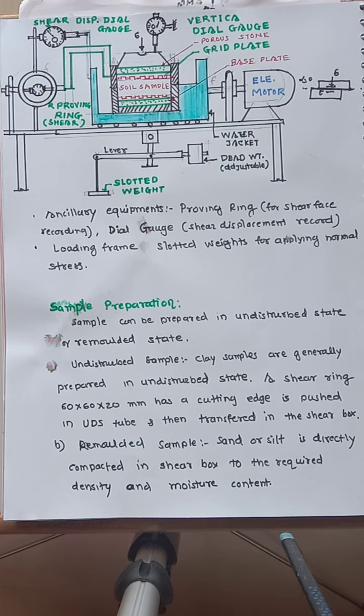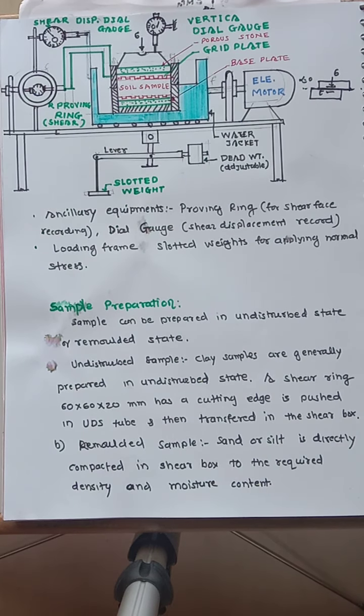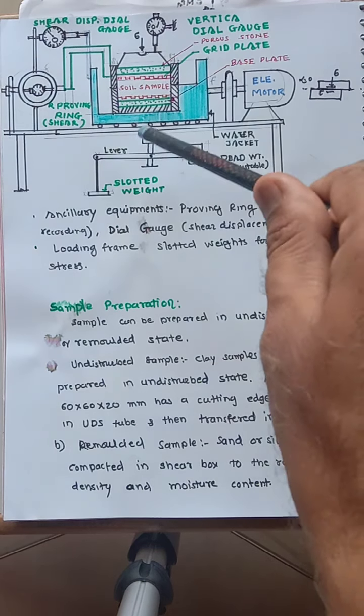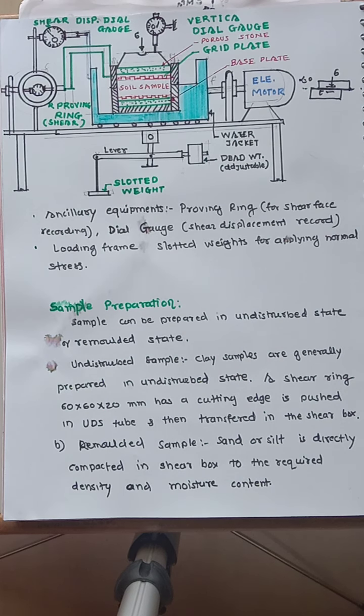Then you know the gamma value and moisture content, and you know the volume here, so you fill the sand directly into the shear box. You know the weight, and you know the moisture from OMC and dry density, because you know the volume. The volume of the shear box is 6 into 6 into 2, that is 36 into 2, or sometimes 2.5 also.